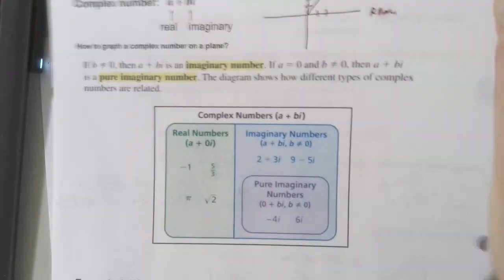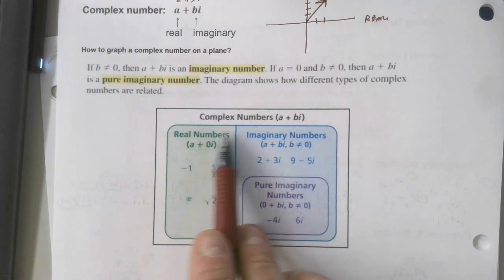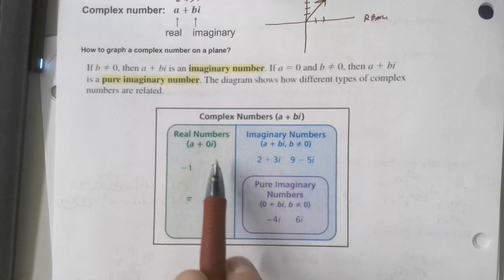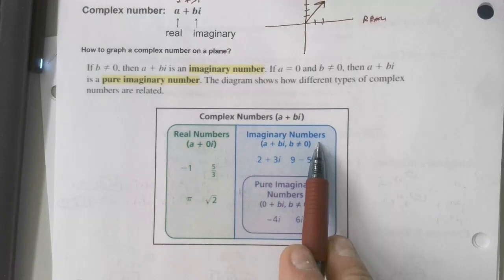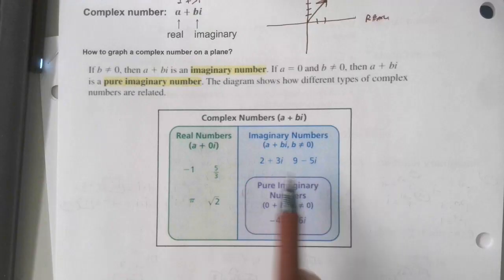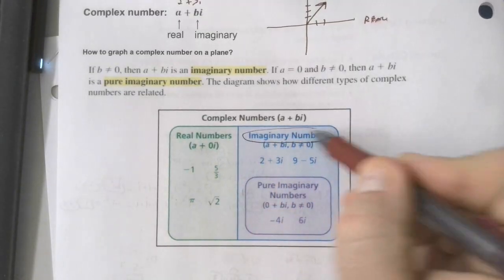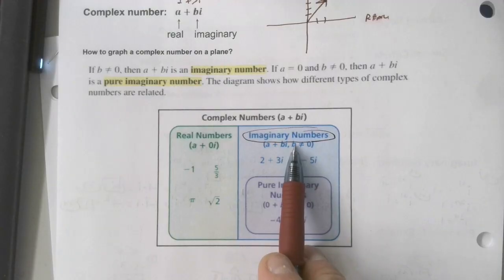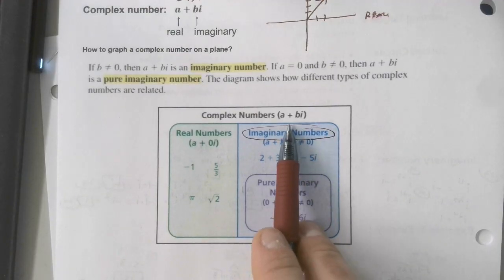All right. So the idea of complex numbers deals with the situation where we're looking at real numbers or imaginary numbers, right? So a complex number falls under the imaginary numbers. So this is what we haven't seen much yet. So it has a real and an imaginary.